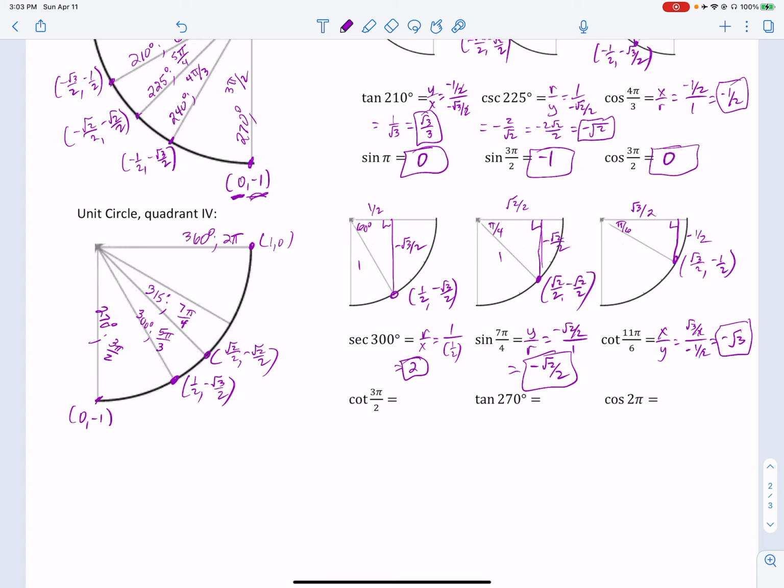And we need to use those for cotangent of 3 pi halves is x over y, which is 0 over negative 1, which is 0. Tangent of the 270 degrees is y over x, which is negative 1 over 0, which we can't do, so tangent is undefined. And cosine of 2 pi, well, it's just your x coordinate at 2 pi, and it is 1. It's x over r, it's 1 over 1, and it is just 1.